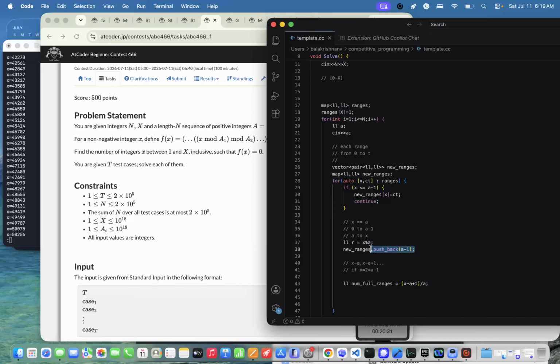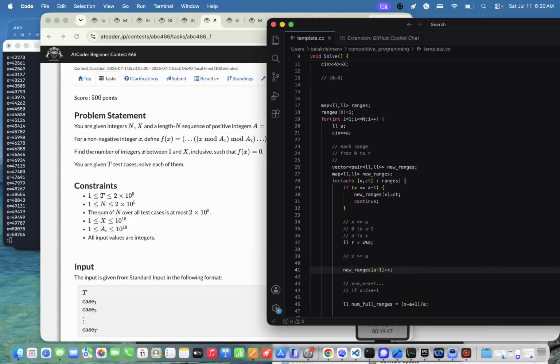So x is greater than or equal to a. You obviously need new ranges of a minus 1 plus plus, that's there.